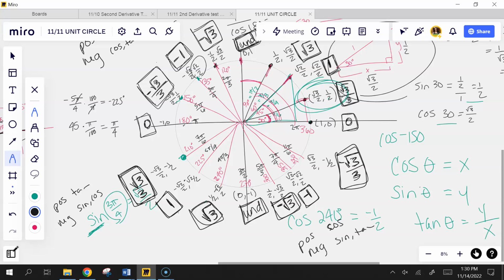What's the tangent of 5 pi over 4? The back of the sheet you already did. Look at your circle. You've got 5 pi over 4 on there. It's positive one. 5 pi over 4 is in quadrant 3.